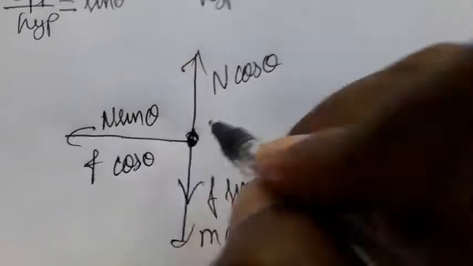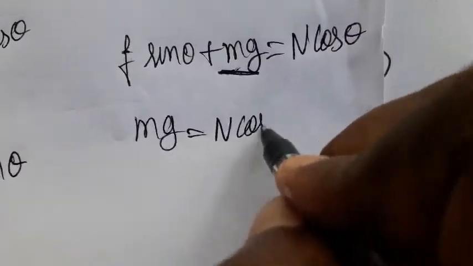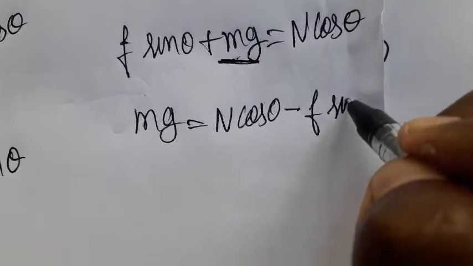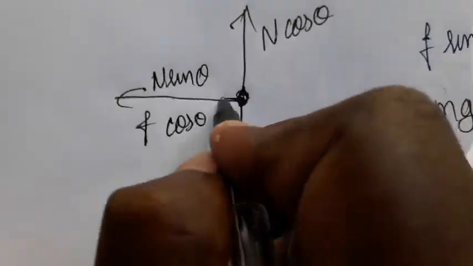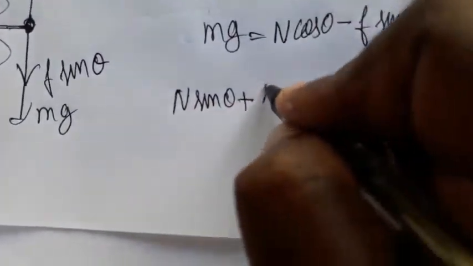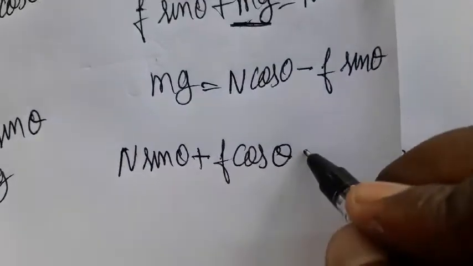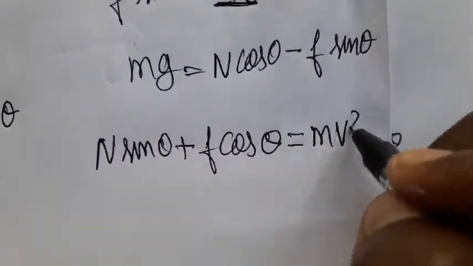Now from here, downward force, f sin theta plus mg, is equal to upward force, N cos theta. So N cos theta minus f sin theta equals mg. Then on this side, the force acting towards the center, N sin theta plus f cos theta, is the centripetal force mv square by r.